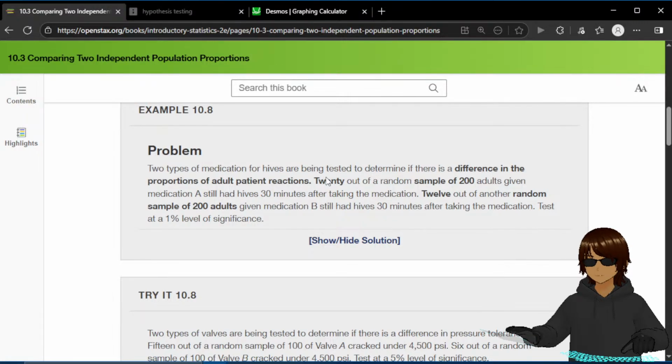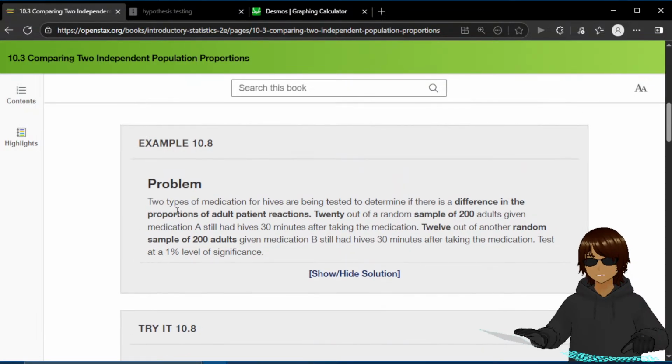What is hives? 12 out of another random sample of 200 adults given medication B still had hives 30 minutes after taking the medication. Test at a 1% level of significance. Test what? They just said test. Determine if there is a difference in the proportions of the adult patient reactions.